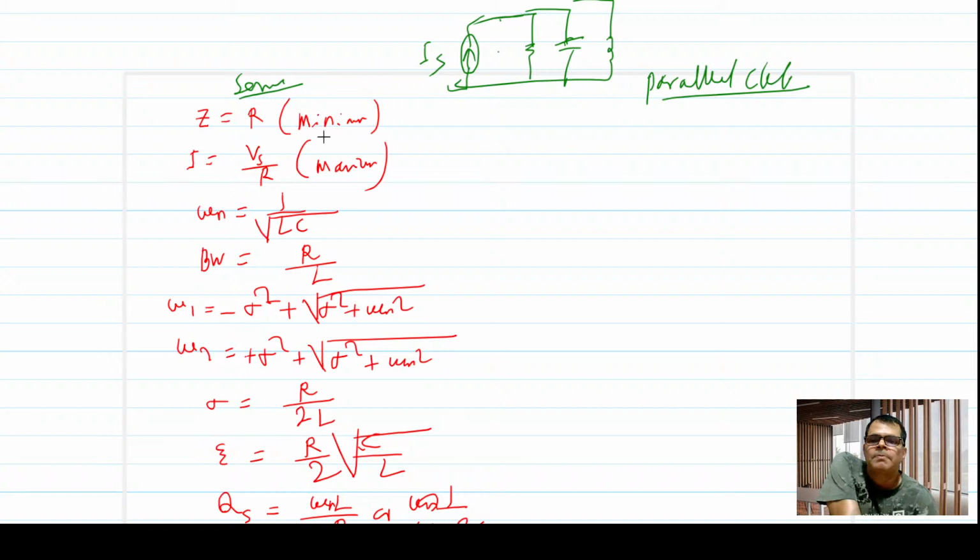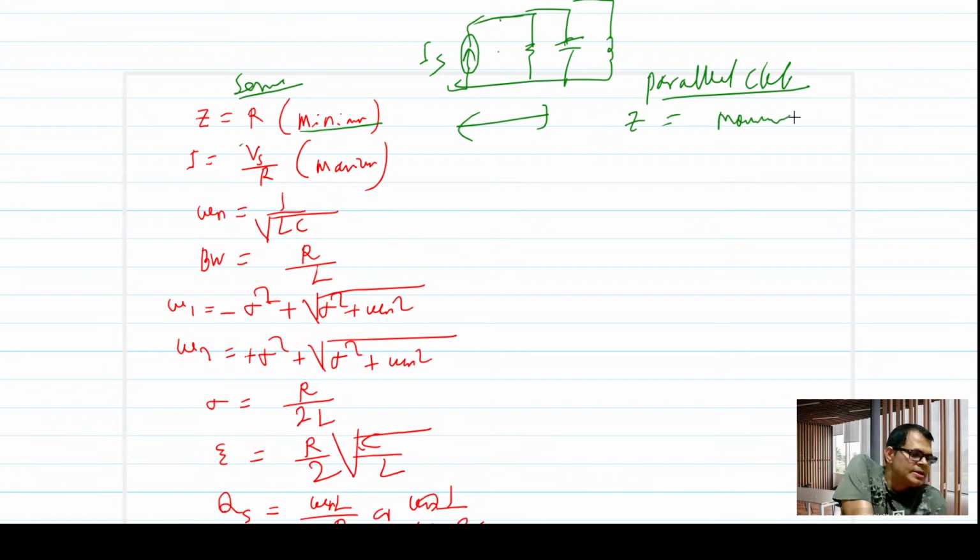So for the parallel circuit, you apply the dual. Here Z was the minimum, so Z will be the maximum.